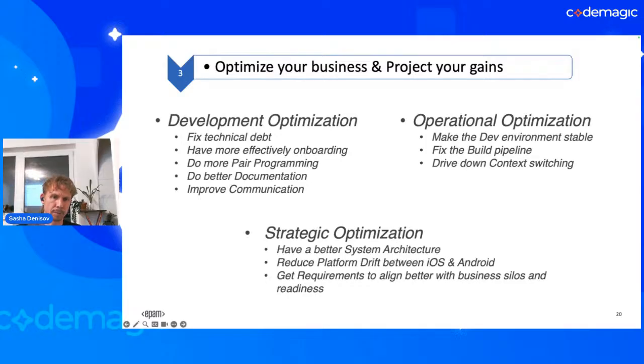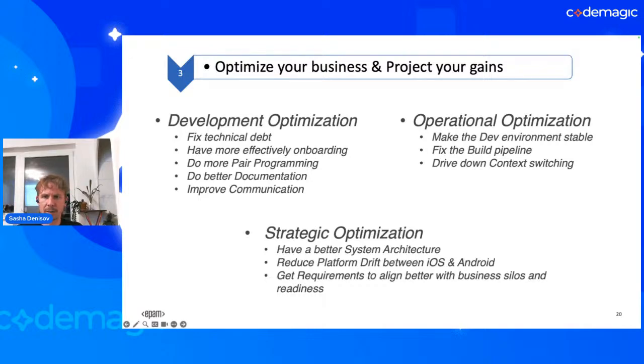And strategic optimization: improve system architecture, align iOS and Android platforms, make sure requirements match real business needs, break down silos and manage dependencies. So small changes in the right places can lead to big gains without burning out your team.